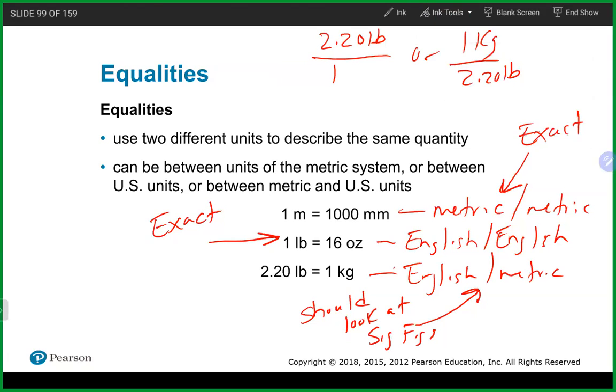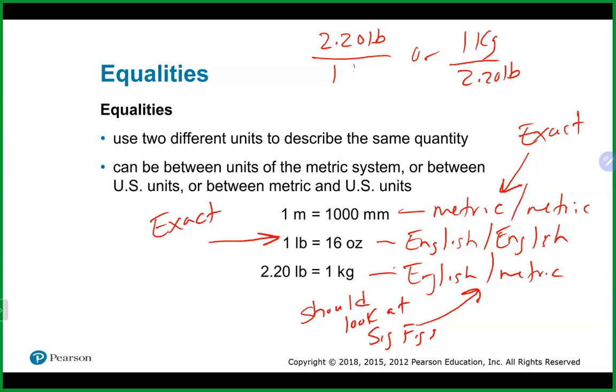Now, when you do write one of these types of conversion factors, there will always be a number that is 1. So you don't look at that number. You should always look at the other numbers. So this number would technically have 3 significant figures in the calculation. So if you do come across a metric to English conversion, you should look at the significant figures in the calculation.